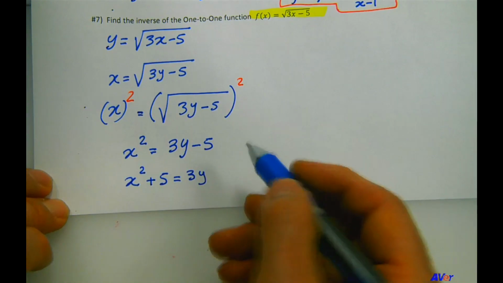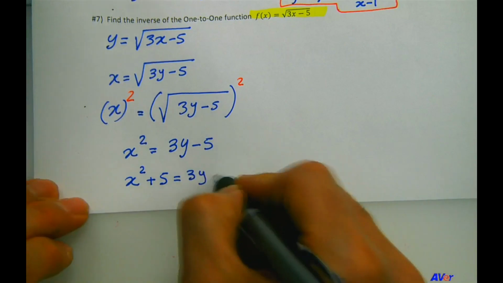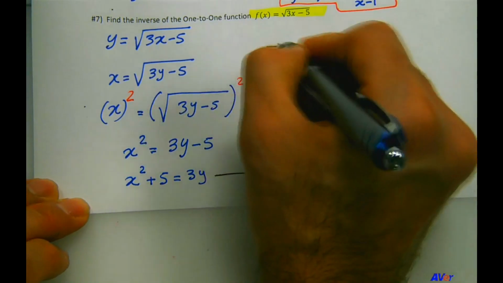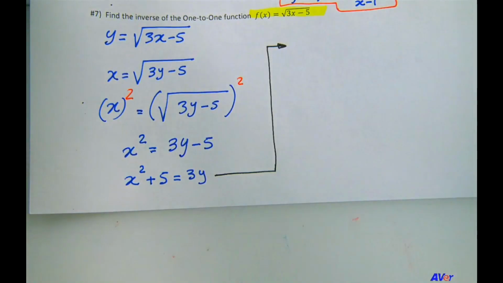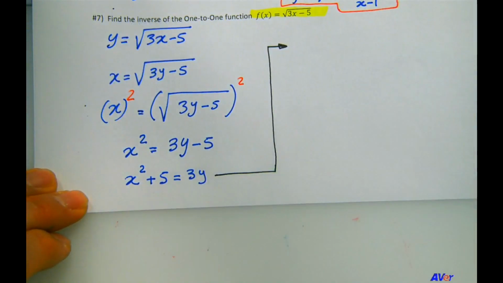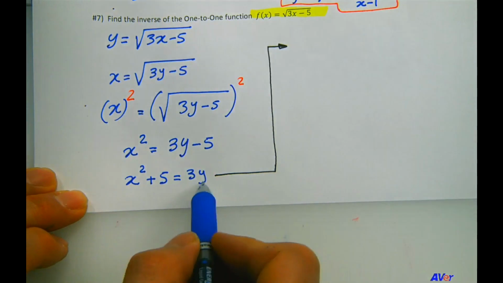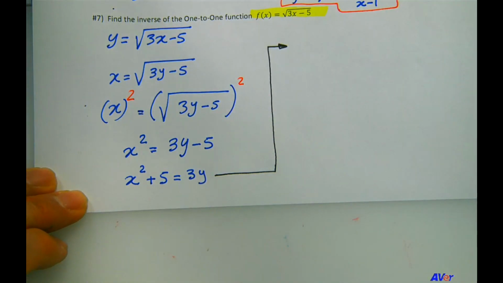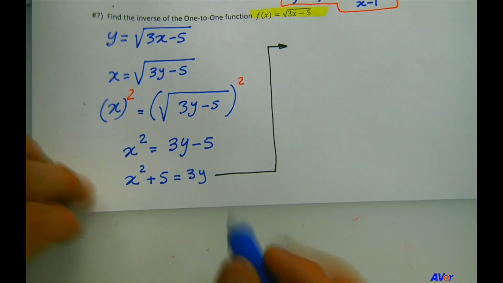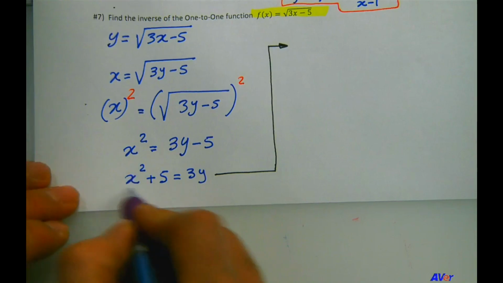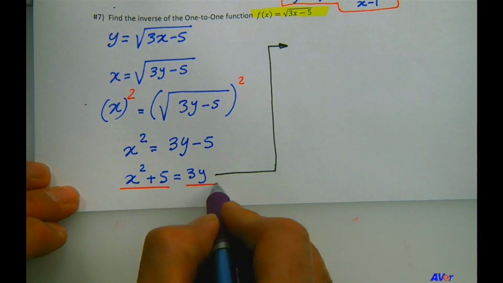Like that. So we're solving for y, which means we need to isolate y. Is y isolated? No. We need to get rid of the 3, right? So how do we do that? We divide both sides. That's the technique, right?